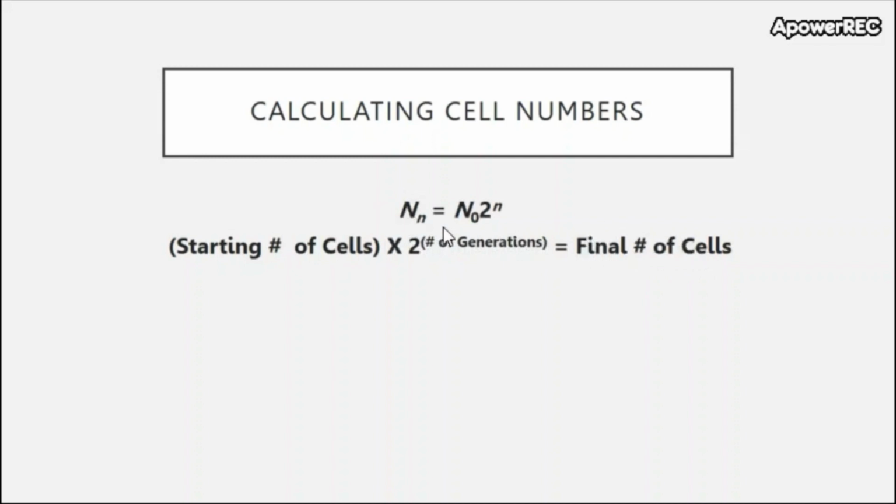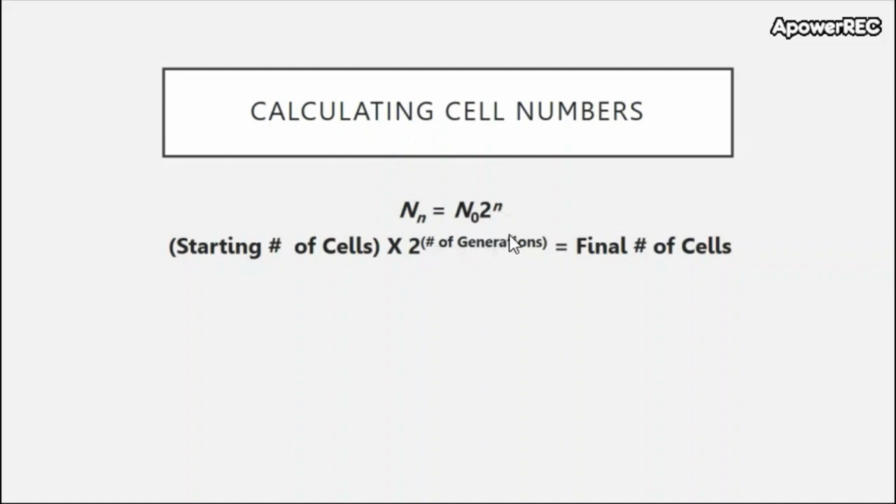So in this shorthand, we have capital N, which is the number of cells at generation 0. Remember in that previous slide, generation 0, we just had one bacterial cell. We're going to multiply that by 2 raised to lowercase n, which represents the number of generations.